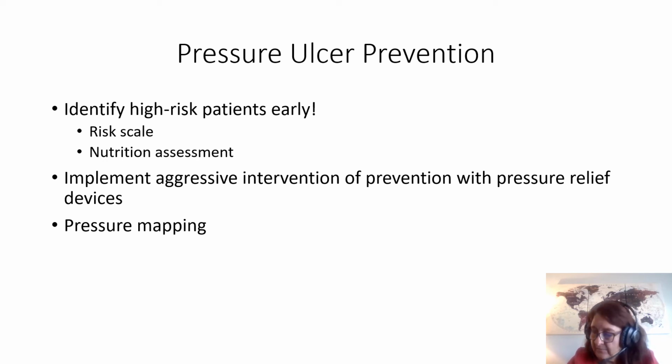Anyway, if that number is 18 or less, that's at risk. Where I worked before, if it became 13 or lower, that sent out an automatic notice to the wound care people. So they would come in and assess, and that person may need like a special mattress. Aggressive intervention of prevention.